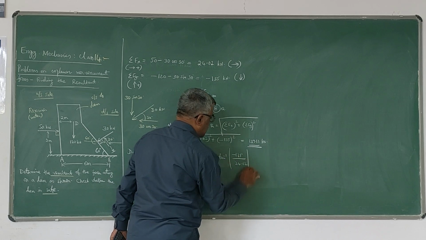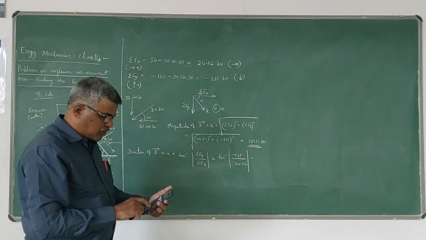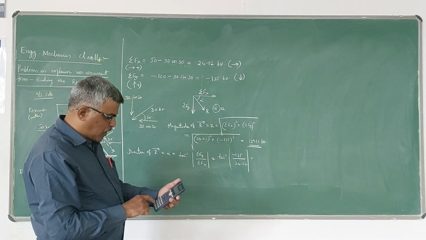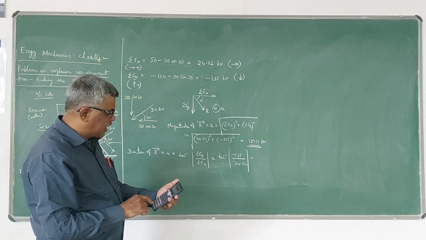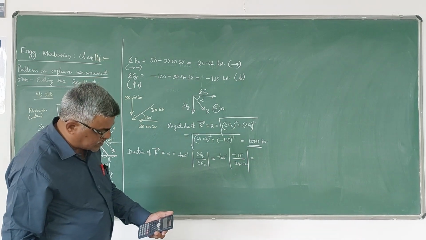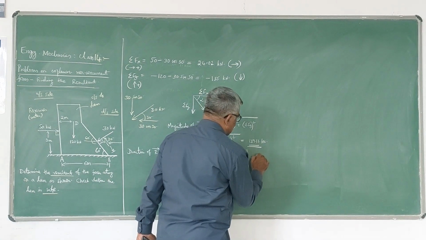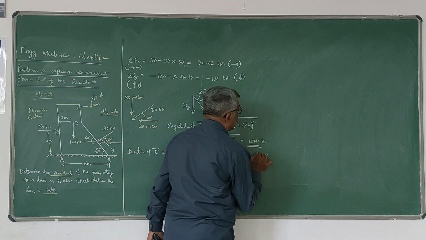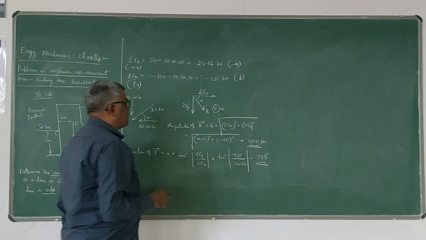Since we are taking the modulus, it becomes positive. So the answer will be tan inverse of 135 divided by 24.02, which comes out to be 79.9 degrees. So these two are the magnitude and direction of the resultant force.